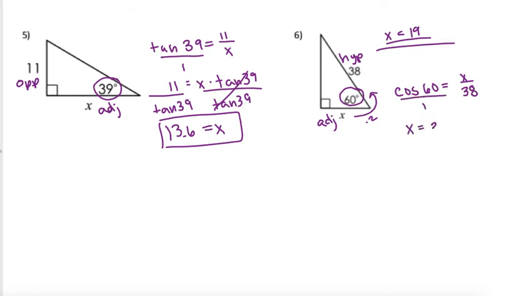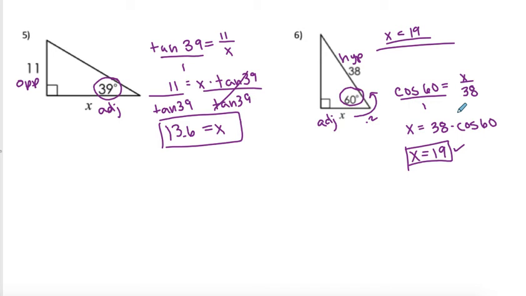X equals 38 times cosine of 60, all by itself on x. So in my calculator, I'm going to put 38 times cosine of 60, and I get 19 as well. Again, special right triangles are meant to be fast, but I'm not grading you on your speed, I'm grading you on your accuracy. So if SOHCAHTOA is what you have down, that will work every time.